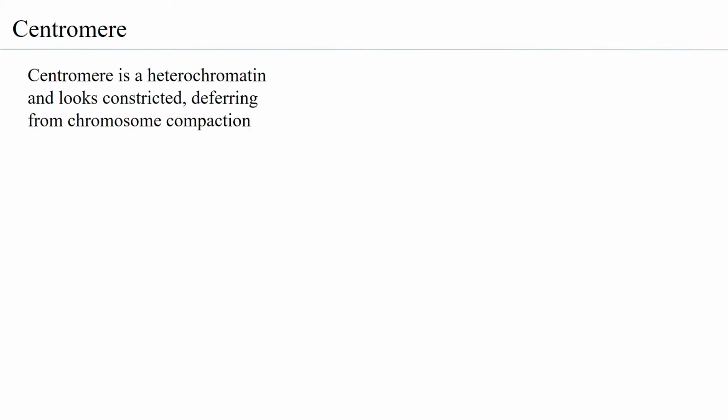Now let us look in more detail into the centromere per se. A general idea when one thinks about a centromere is that it is a darkly stained region in a chromosome. When you have a region which is more condensed than the other regions, the stain taken up is more.